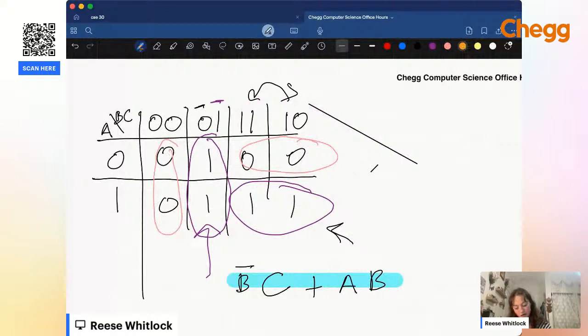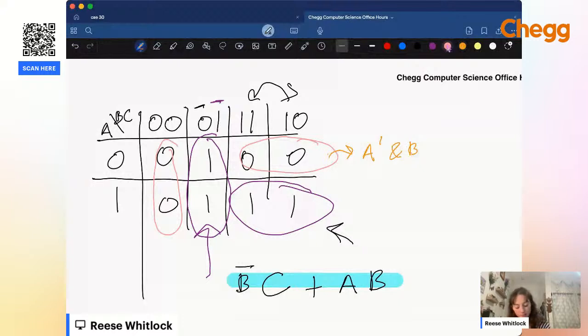So then what we can do is for each circle, we figure out what variables they have in common. And we can see that when A is false and when B is true, that's when F will be false.